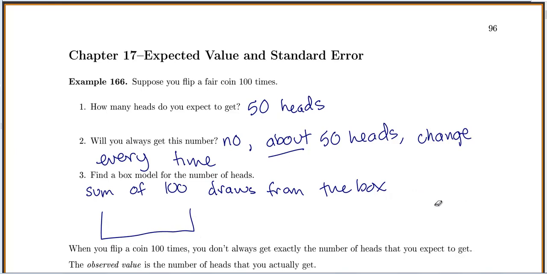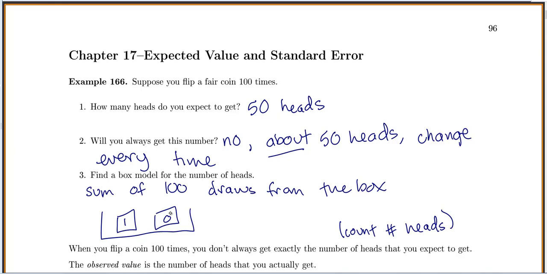We're counting the number of heads. Remember, anytime you want to count, when you're making your box, you just have two numbers, a 1 and a 0. The 1 will represent our heads, the 0 represents our tails, and because heads and tails are equally likely, we just need one 1 and one 0.